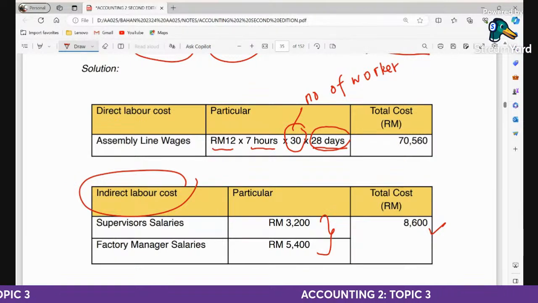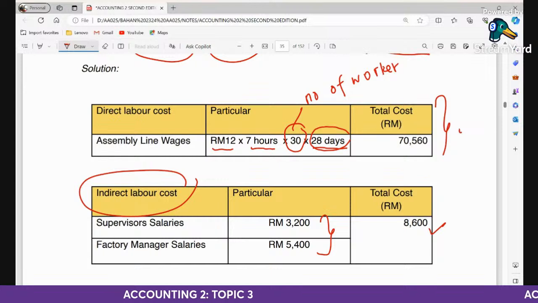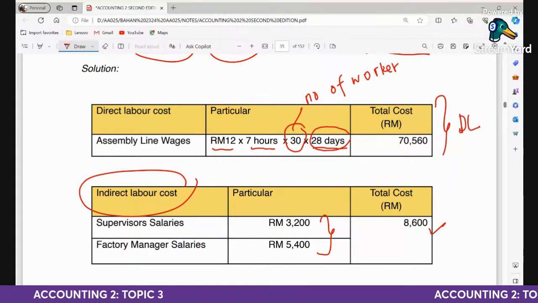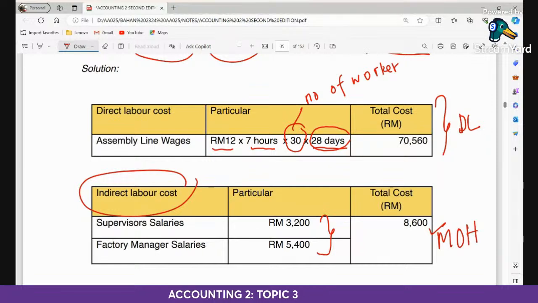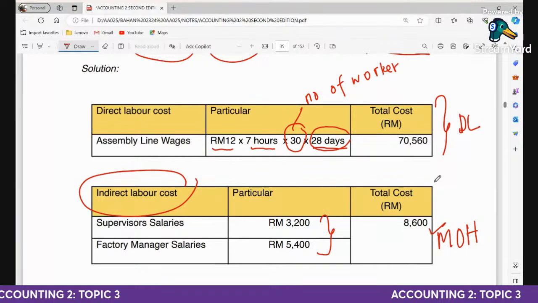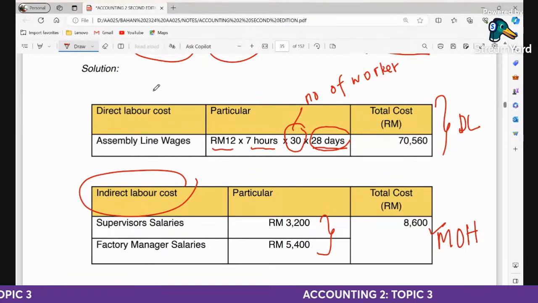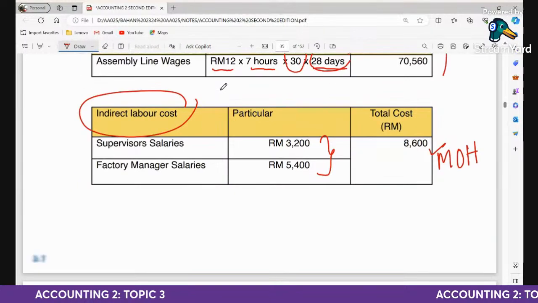So this is going to be your direct labor cost. Betul? And here, this one, sebab dia indirect labor cost, this one will be included in the manufacturing overhead cost. So that is for your direct labor.